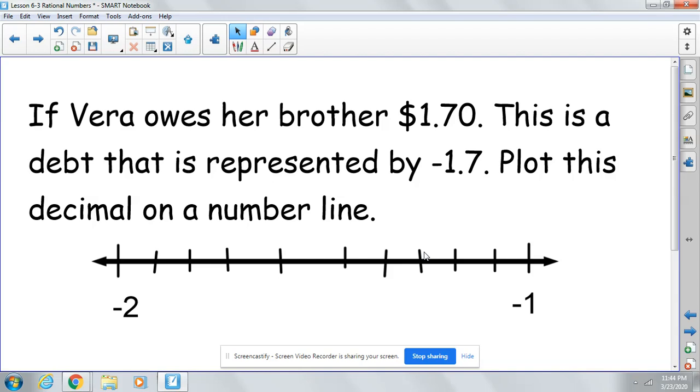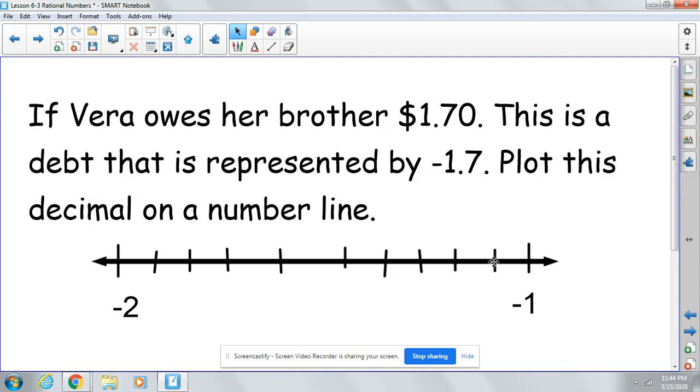Okay, that's close enough. So I'm plotting the point negative 1.7. If I am counting to the point negative 1.7, I have to start at negative 1 and count over 7 tenths. So this would be like negative 1.0.